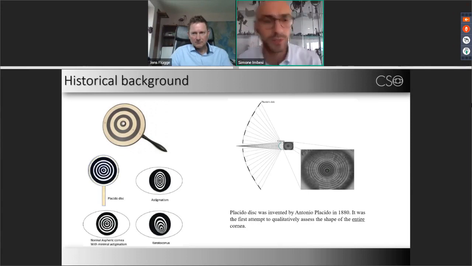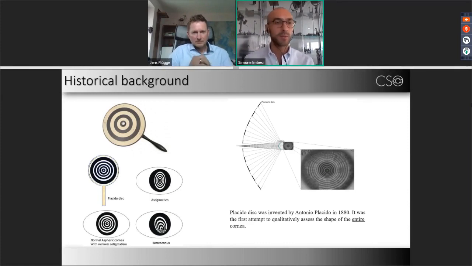This was the first qualitative way to analyze a big portion of the cornea. Remember that the ophthalmometer was able to analyze just a very central part of the cornea. Instead here, with the Placido disc, we are not able to measure anything, but we are able to understand the full shape of the cornea.